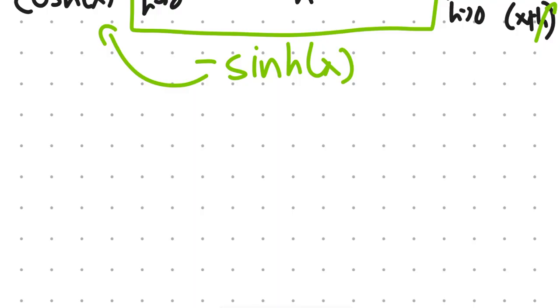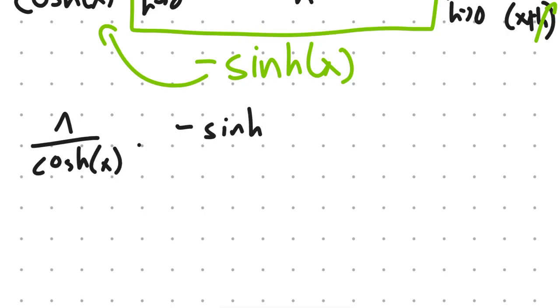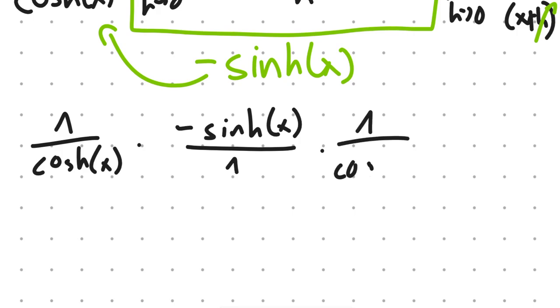So we have 1 over cosh of x times minus sinh of x over 1, and then we have 1 over cosh of x.